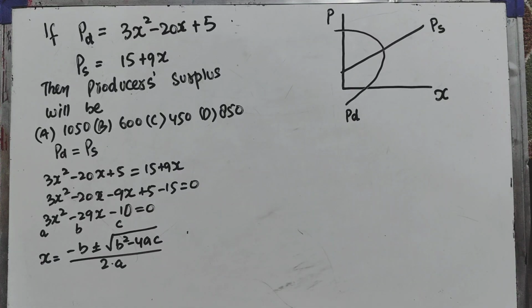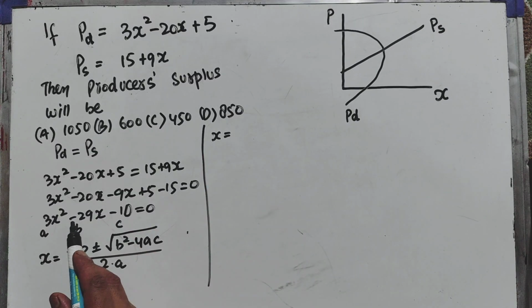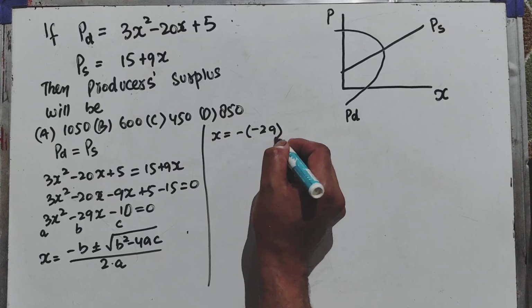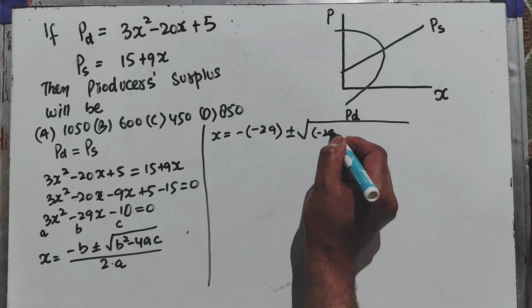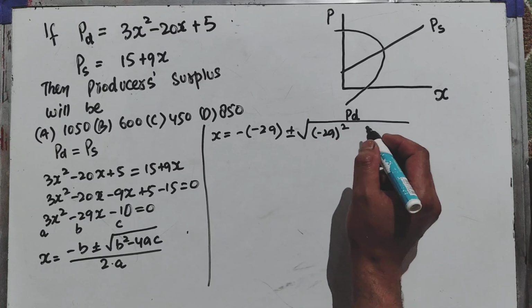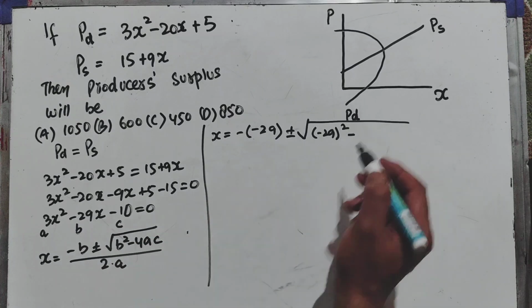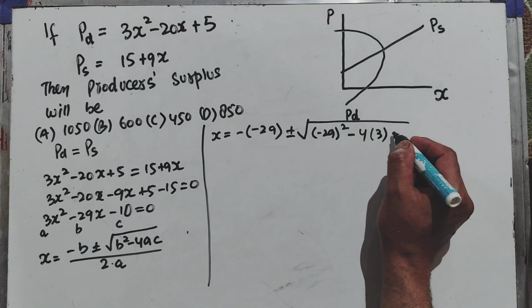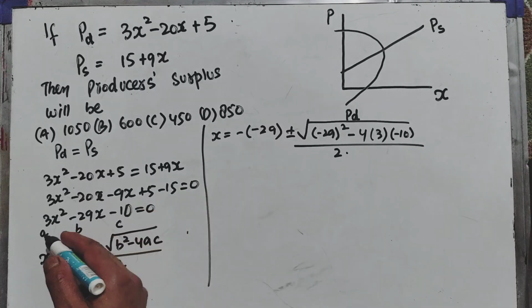Having said that, let us put the values here. So x is equal to negative of minus 29, plus minus the square root of negative 29 whole square, minus 4 times a times c, where a is 3 and c is negative 10, upon 2 times a, where a is 3.